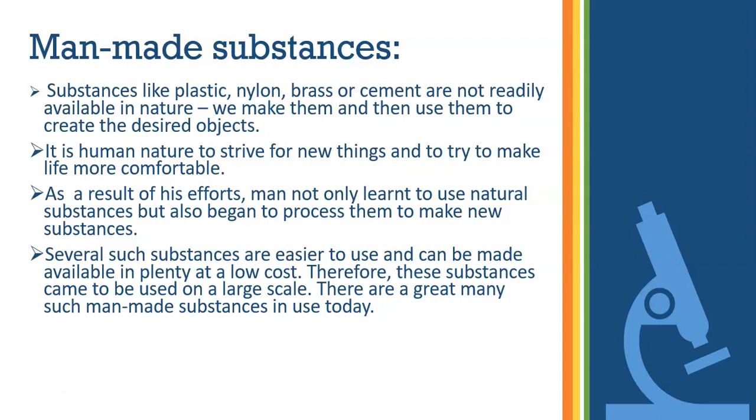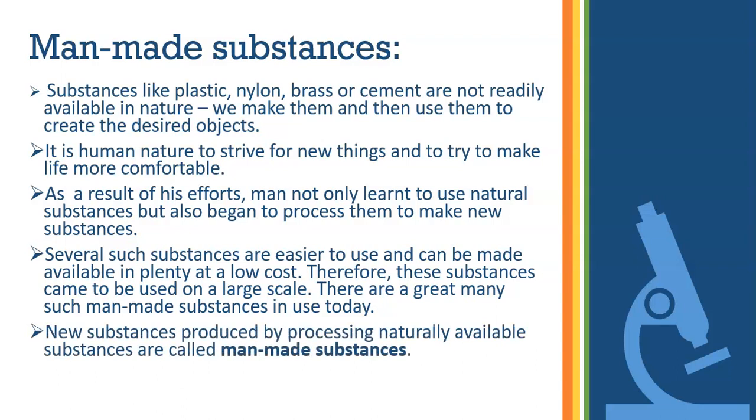So we can make these substances at low cost on a large scale. New substances produced by processing naturally available substances are called man-made substances. I'll repeat, new substances produced by processing naturally available substances are called man-made substances.